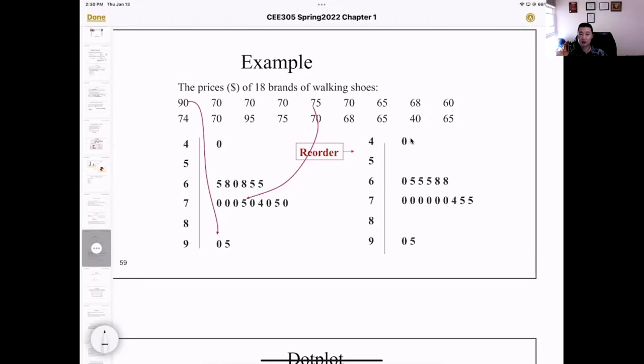Under the 50s, we have nothing. Under 60, we have 0, and we have three 65s, 65, 65, and 68. Under 70, we have $70, and so on.